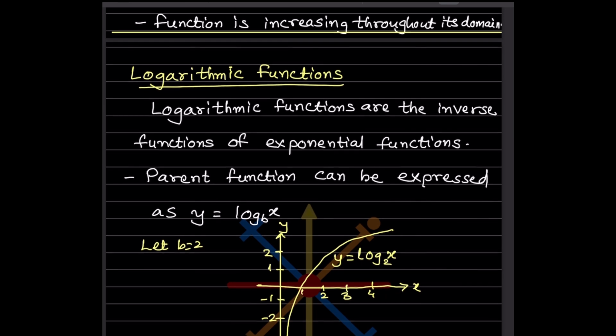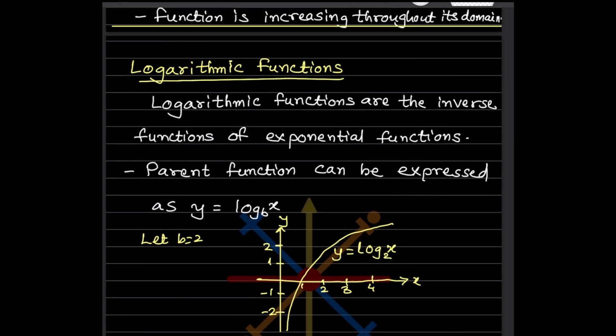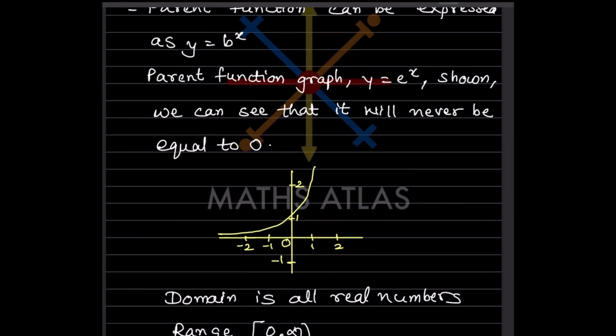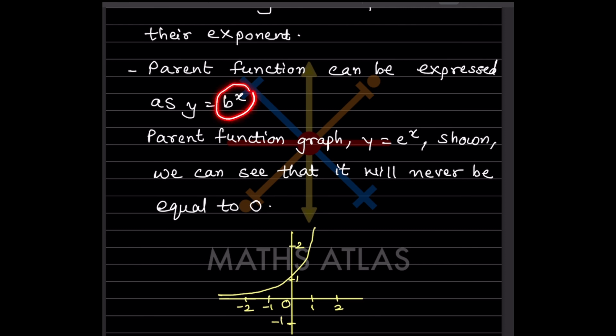Then the logarithmic functions. They are the inverse of the exponential one. So the parent function can be expressed as y is equal to log of x to the base b. In this one, what do you have? b raised to x.